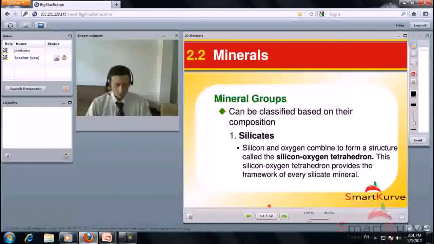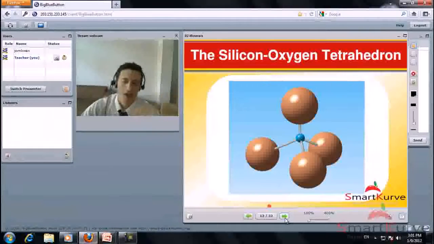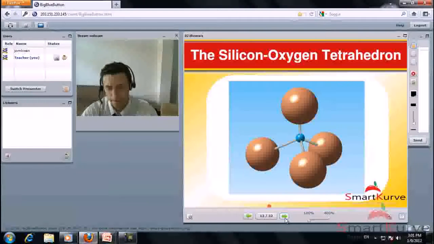A few examples of this. Feldspar and quartz, which are the most common minerals on the planet, both have this pattern. Quartz is very, very simple. It is nothing but silicon and oxygen. You can see a picture of this tetrahedron on slide 13.